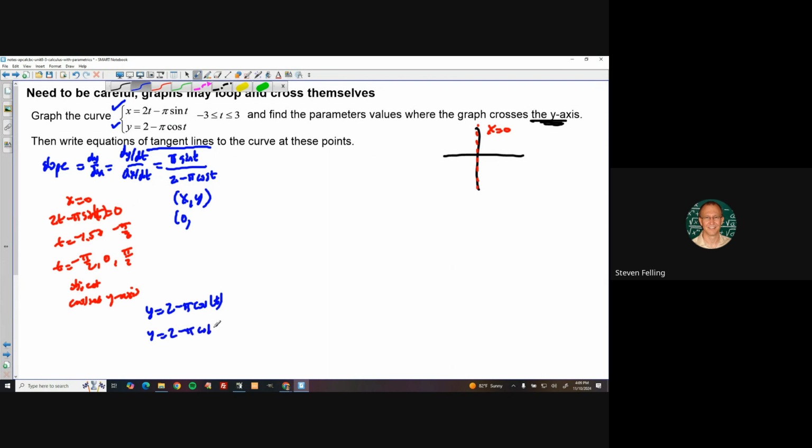Pi cosine of negative pi over 2: on a unit circle, negative pi over 2 is here, and the cosine is 0. That's 0 times pi. So this can be 2 minus 0. There's the location of that, which in decimal would be 2. It doesn't seem right.